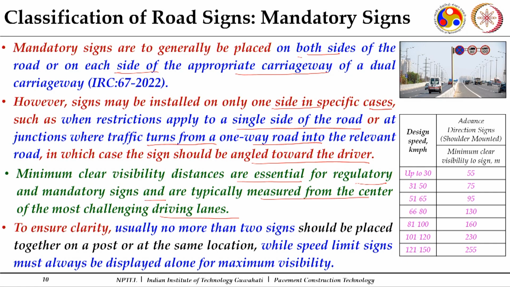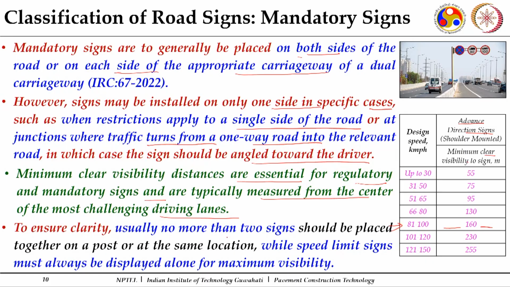A simple extraction of information: for advanced direction signs mounted on the shoulder, what should be the minimum clear visibility to that particular sign? Depending upon the range of design speed, if the design speed is in the range of 81 to 100, there should at least be a visibility of 160 meters. So, it is important that visibility should be good, so that the sign can be easily understood by the driver and he can take the appropriate action.